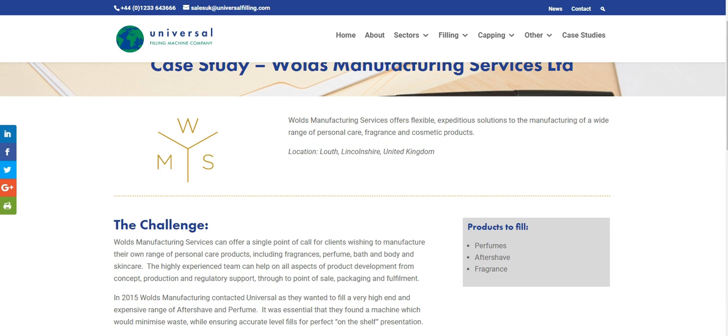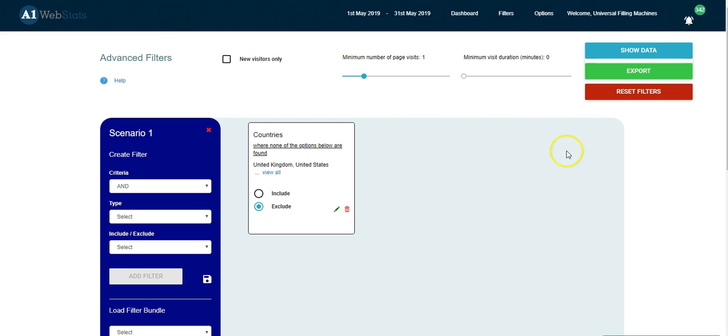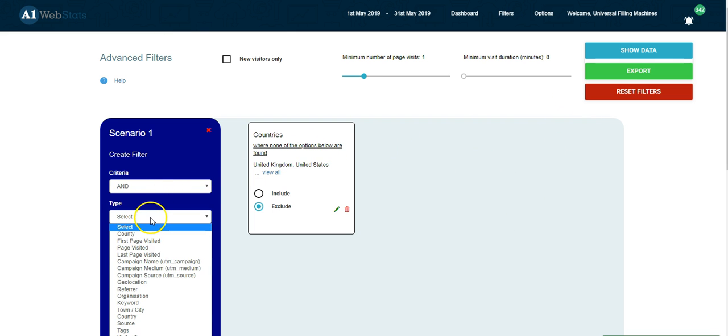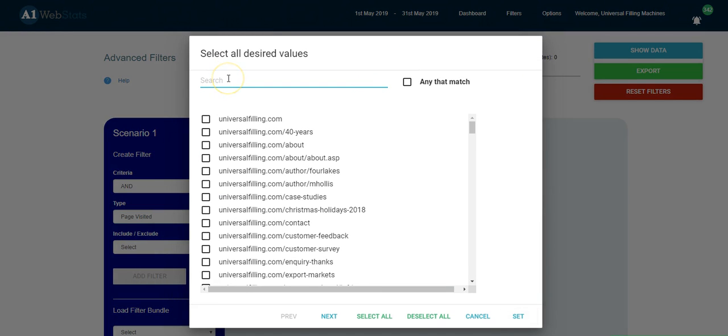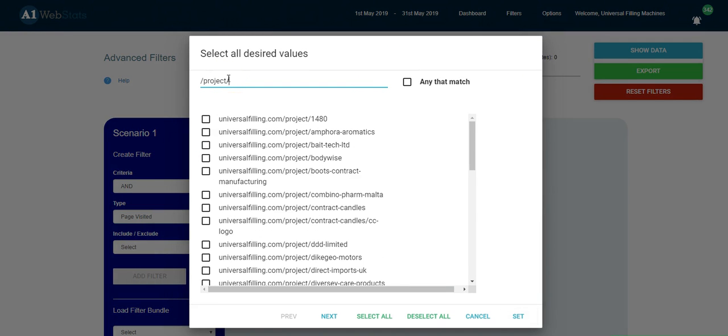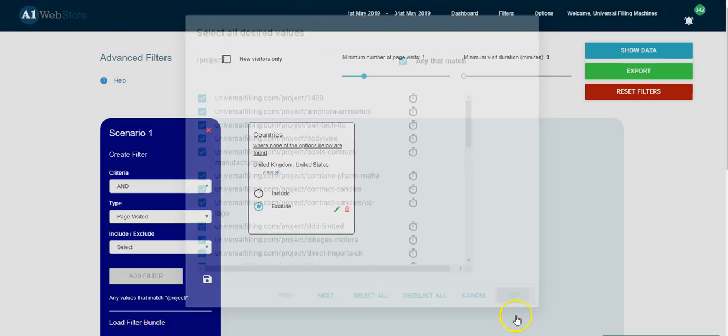So let's have a look at the visitors to these project pages. So what we're going to do is add in page visited, and we're going to do /project/, and that's going to show us any of these case study pages that were visited.